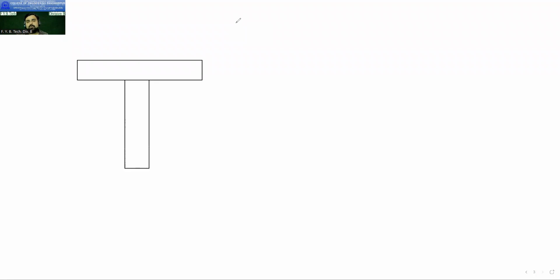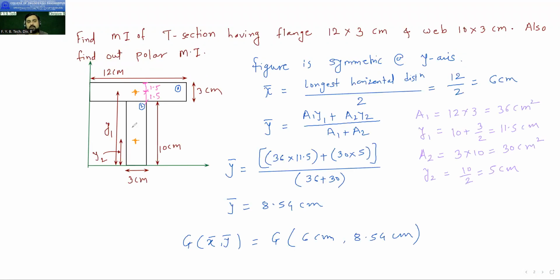So I will draw the T section again for your understanding. This is the T section. Okay. So now here I have got the centroid. What is the position of the centroid? From the y-axis it is at a distance of 6 centimeter, and from the x-axis it is at a distance of 8.54 centimeter.